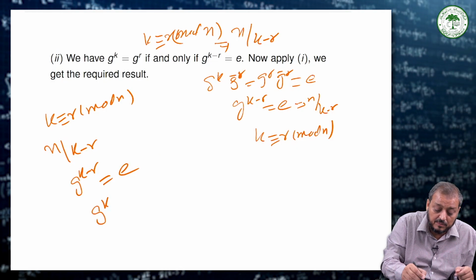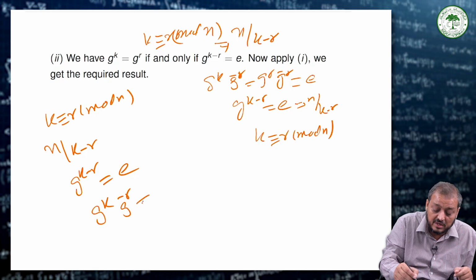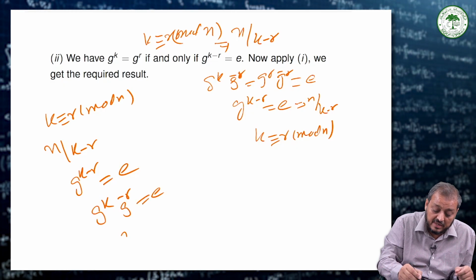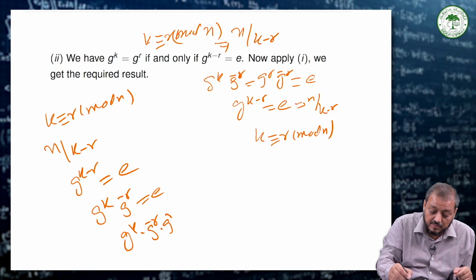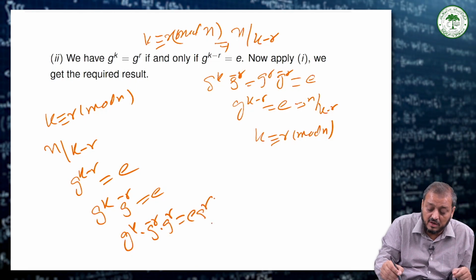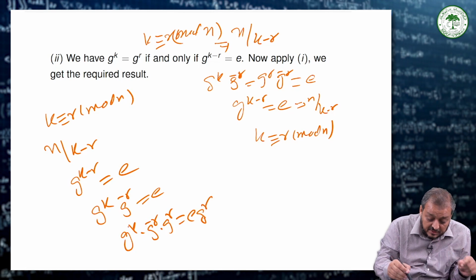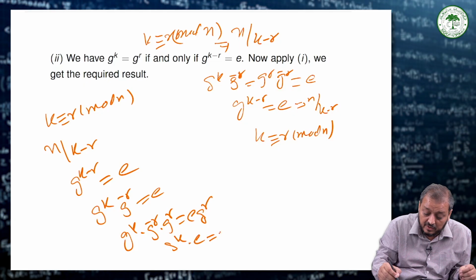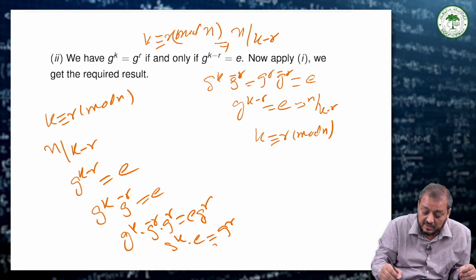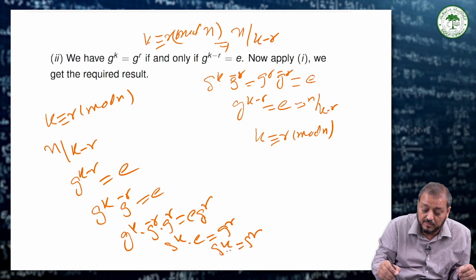Then g to the power k times g to the power minus r is equal to identity, so g to the power k times g to the power r minus r is equal to g to the power r. So g to the power k into identity is equal to g to the power r, and then g to the power k is equal to g to the power r.